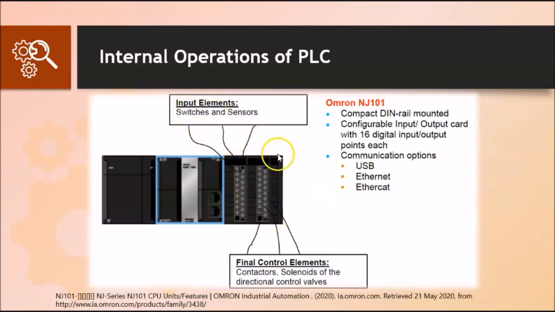And we also have this output card where we wire the final control element or the output elements such as light bulbs or buzzers, in addition to contactors or solenoids. This Omron NJ101 PLC has three types of communication protocol. We will be using the Ethernet protocol in our labs.